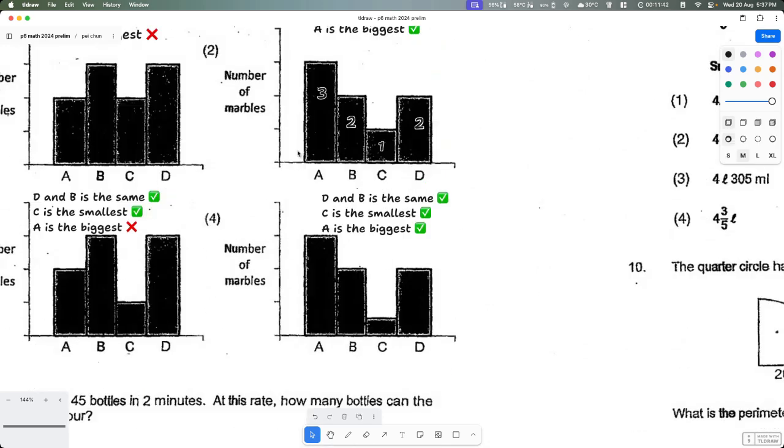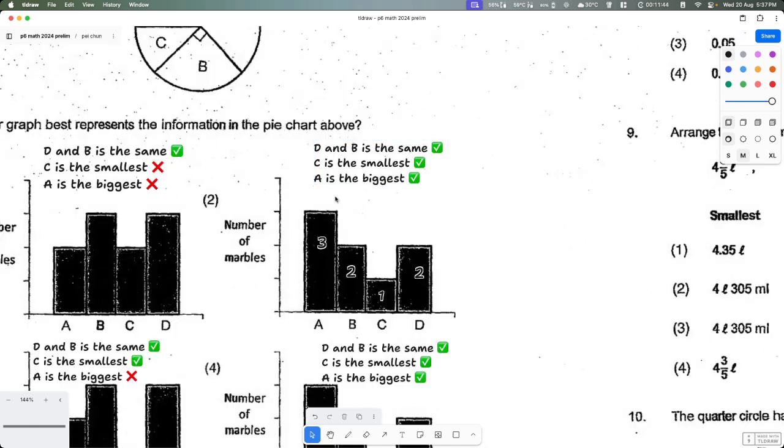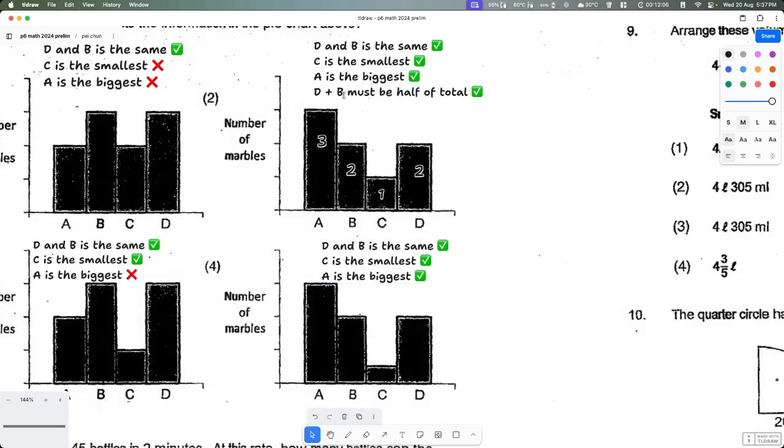Okay, and then so D and B must be half. So if 2 and 2 is half, so that means D and B must, wait, okay, must be half of total, which is correct. Okay, in this case over here, right? So lastly, D plus B must be half of total.